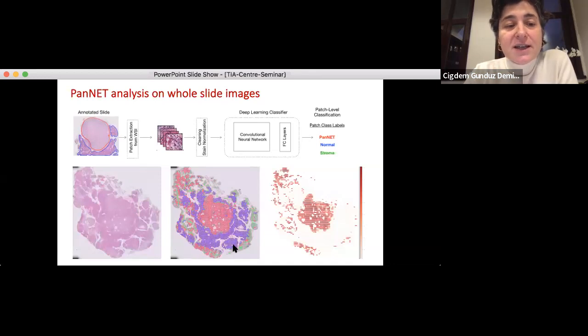So here, that is not our final aim. We are not using the exact boundaries here, but after finding the, for example, in this case, PANGNet regions, these red dots, we may want to make further analysis. For example, we may want to call some segmentation algorithms on the identified patch. So if you need rough segmentations, you may go with patch level classification.